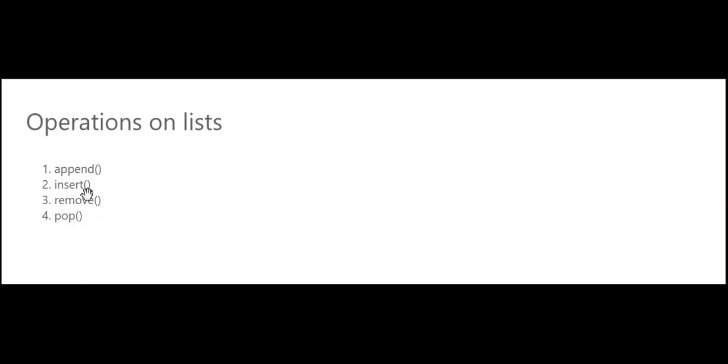Okay, and the third operation is remove. Remove is removing the element from the list, like repeated elements. And pop: the pop operation is used to remove the element at a specific position, that is first position, last position, or middle position. These are the operations.